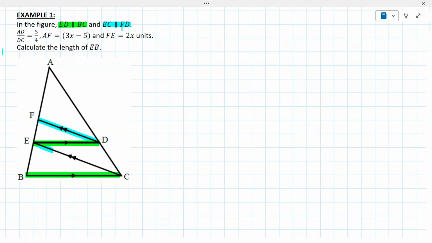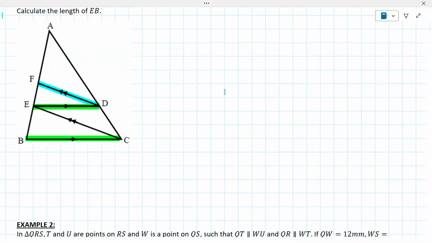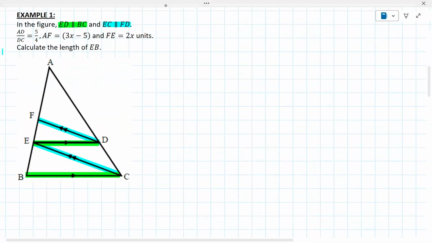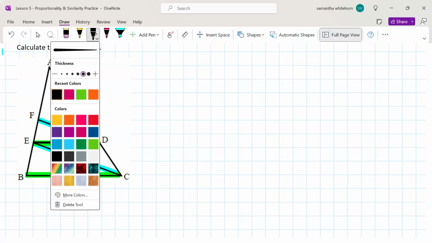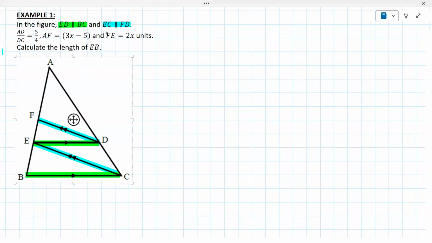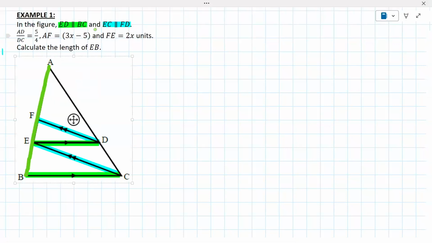And then FD and EC in blue here. Not very well though. Right, the other reason why I want to highlight them is because hopefully what you can see is that depending on which parallel lines you work with, there's two different triangles that we could be working with here. So if we're working with the green parallel lines, we are then working within, as a proportion theorem, triangle ABC.